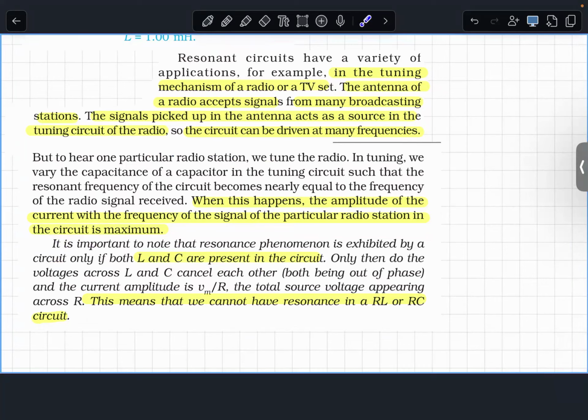Resonance circuits have a variety of applications. You asked me on day one why we require a capacitor. I said wait. When I started the inductor, why we require an inductor? I said wait. Now what is happening? All your tuning instruments like radio, TV, even walkie-talkie phone, they work on this principle.